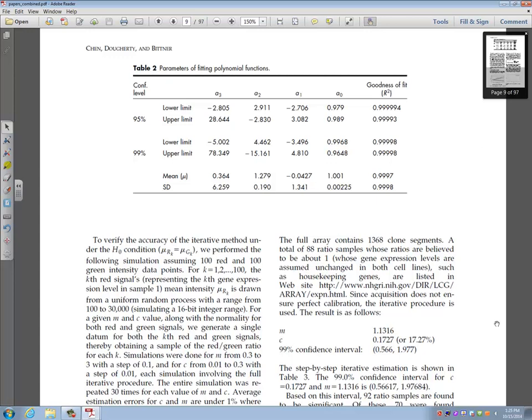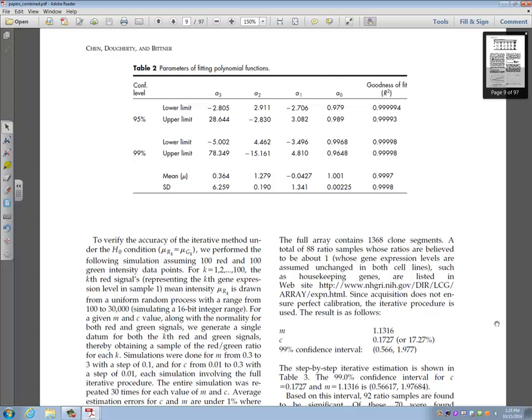And so what is the lower limit and what's the upper limit? For a 95% confidence interval, the lower limit is this one, the upper limit is this one, and so on. Then they measure the goodness of fit and things like that.